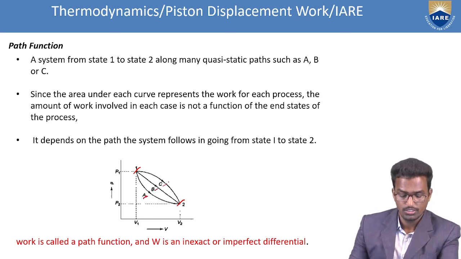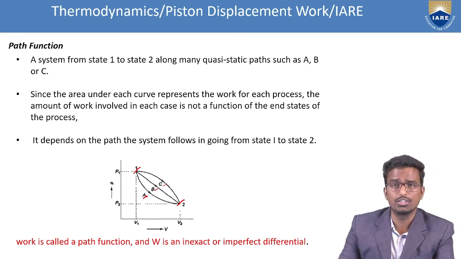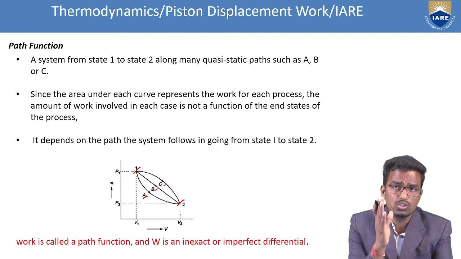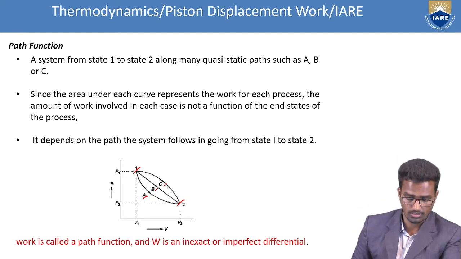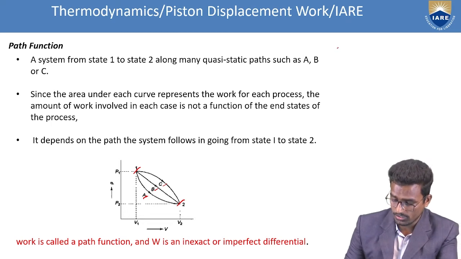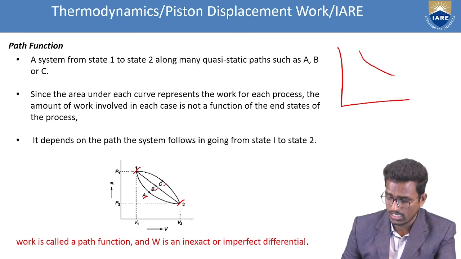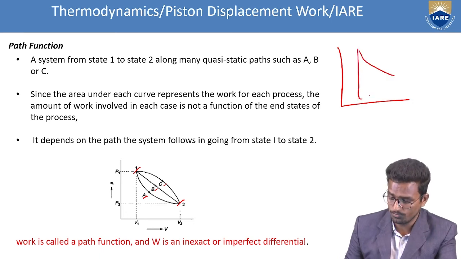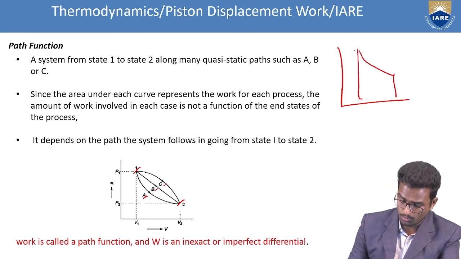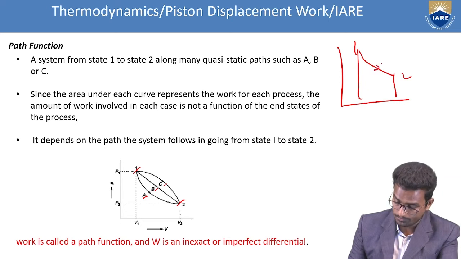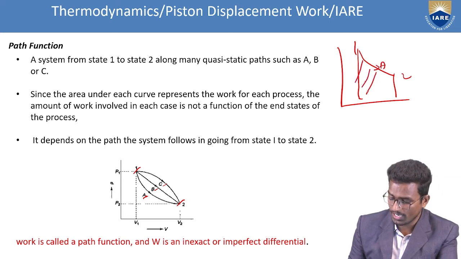Since the area under each curve represents the work done for each process, the amount of work involved in each case is not a function of the end states of the process. What is the meaning of this? We just discussed that the area under the curve is work done. Assume for 1 to 2 in path A, this is the area under the curve.